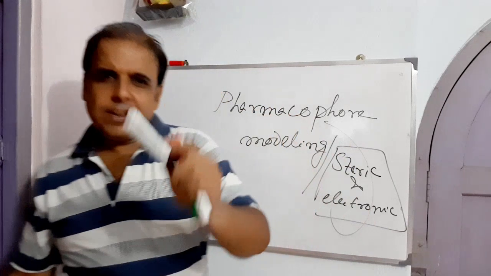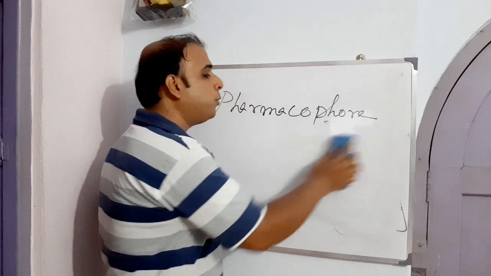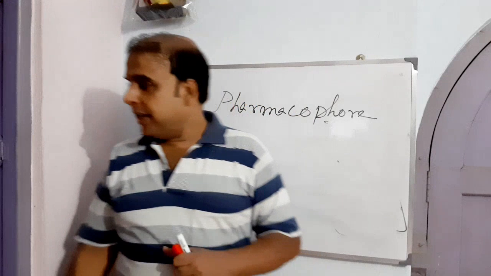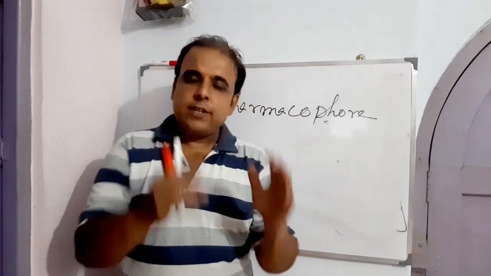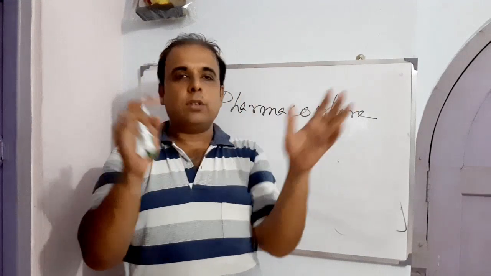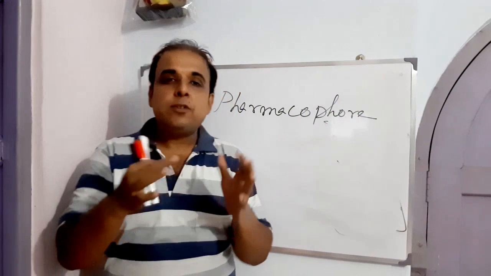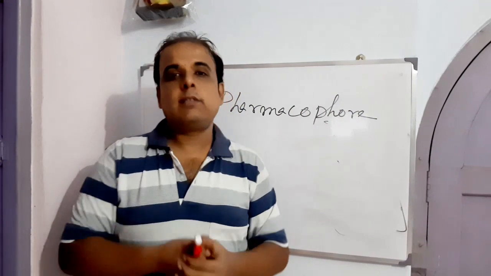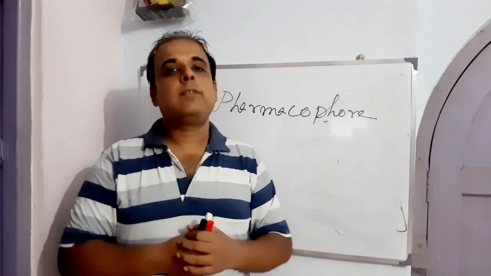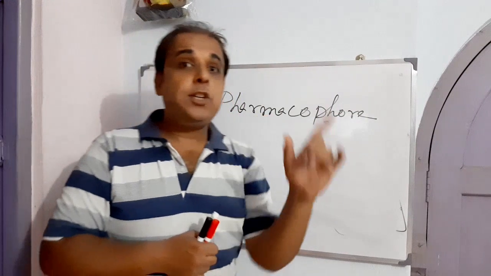Now let us define pharmacophore. What do you mean by pharmacophore? In a simple sense, it is certain key features present in a molecule or compound which, upon favorable interaction with the target site, yields a therapeutic effect. That means it is the features and their spatial arrangement.